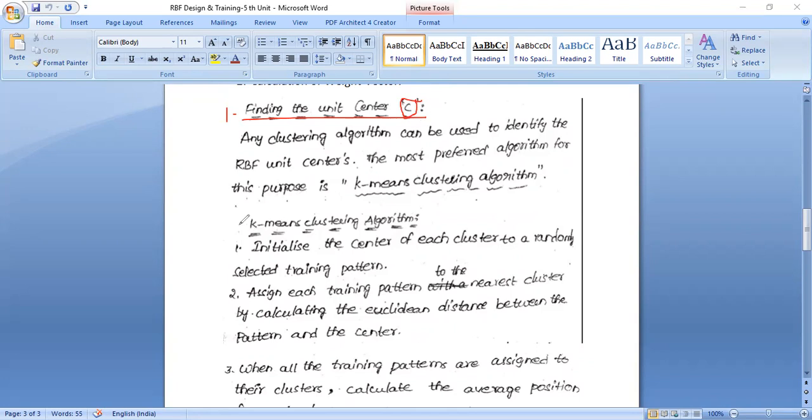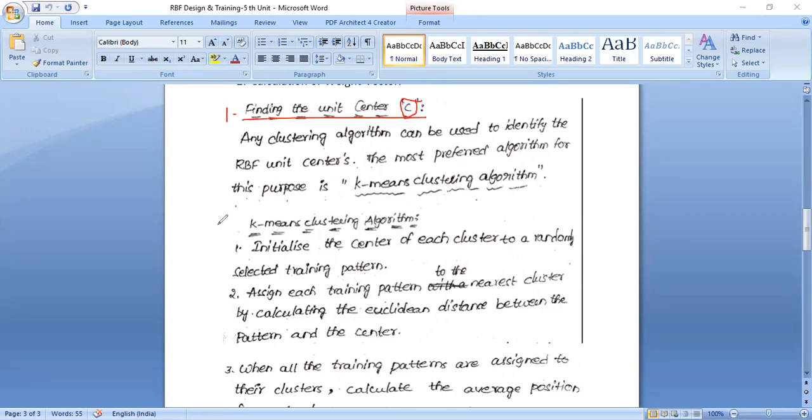For finding a centroid of a given unit, we have many clustering algorithms to find a centroid. In real time, we have many kinds of clustering algorithms to find the center of a given cluster.